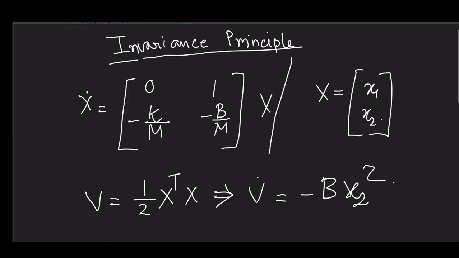So typically I am talking about some point on the horizontal line or x1 axis where x2 is equal to 0, but x1 is not equal to 0, except at the origin. At the origin you have x1 equal to 0, x2 equal to 0, fine, no issue.